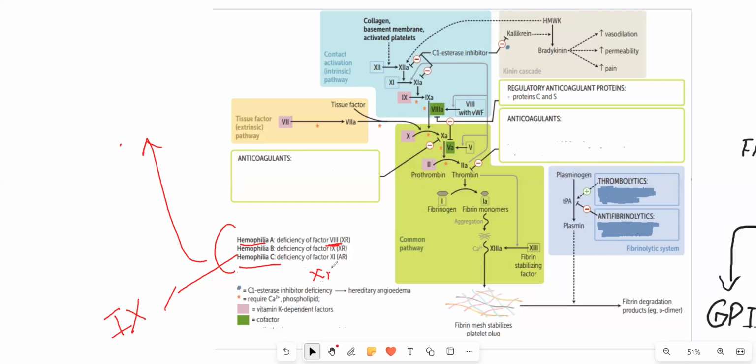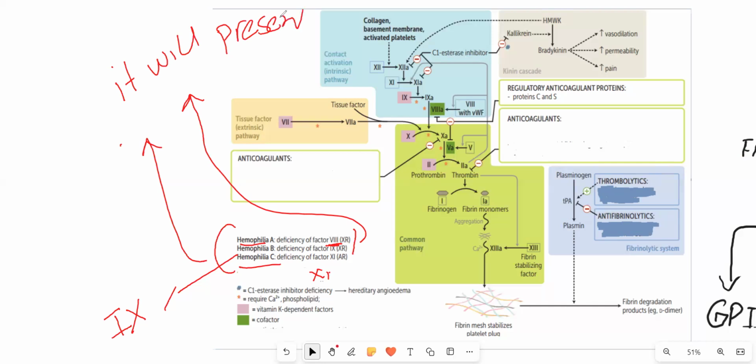High yield stuff related to these hemophilias is that hemophilia A and B are X-linked recessive. X-linked recessive means that it will be more present in males because they are X-linked. That is again high yield stuff. Hemophilia C is autosomal recessive. It will equally affect both genders.